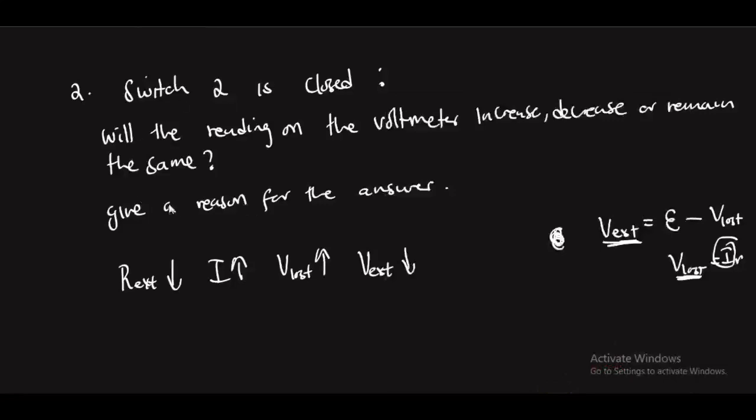Now we can answer this one. Will the reading on the voltmeter increase, decrease, or remain the same? The reading on the voltmeter is this V external, so the arrow is going down, meaning it will decrease. So we choose decrease.